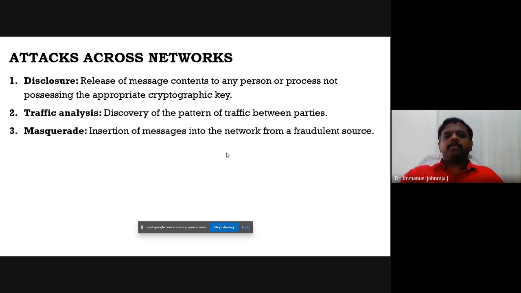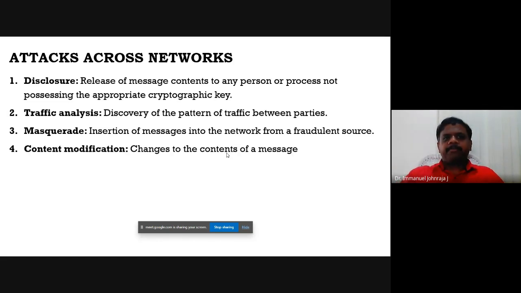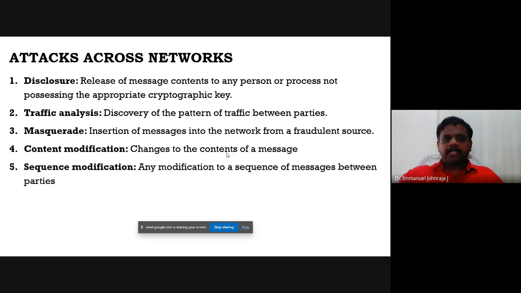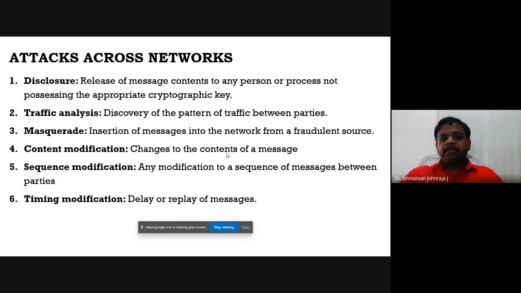All right, and then moving on, masquerade is an attack on the integrity of the message, right? So insertion of messages into the network, acting as if I am that person, then content modification, sequence modification, generally replay attacks to confuse the intended receiver, the so-called genuine receiver. Timing modification is going to delay the message.